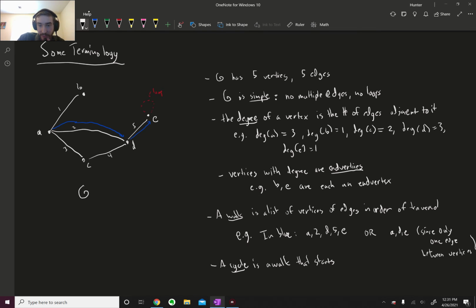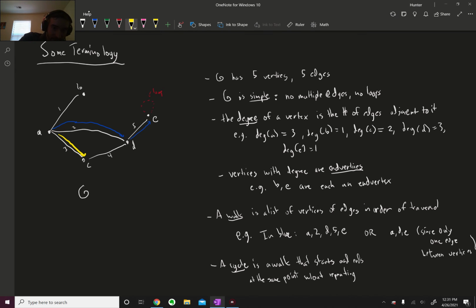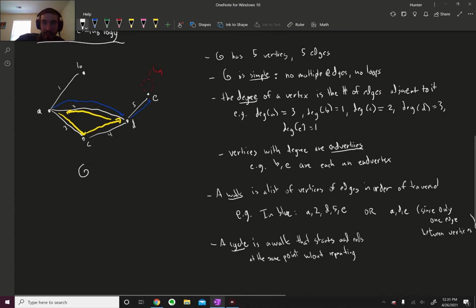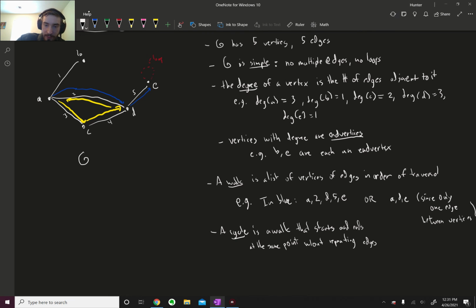One example of a cycle in this graph, and I should say we usually want to avoid repeating edges in a cycle, is the one containing vertices A, D, C. So we might go A to C, and C to D, and then back to A. So A, C, D, A is a cycle.